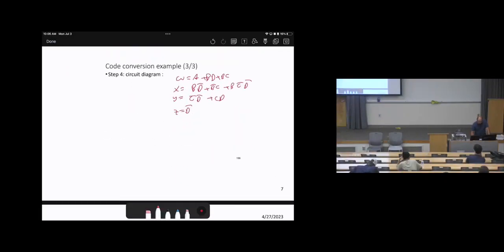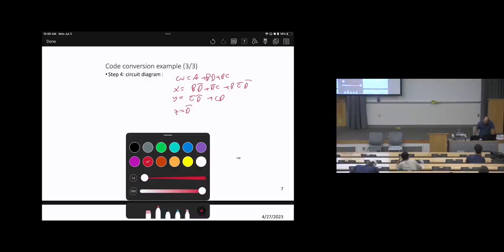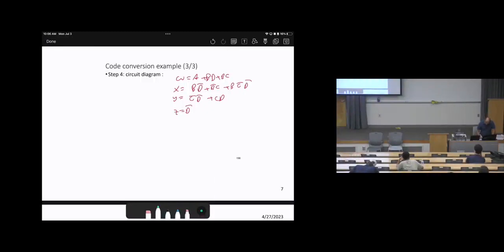Okay. Now, how can we implement this into electrical logic circuits? I prefer, when drawing the circuits, to make the inputs, this side here is A, here is A bar. Here is B, here is B bar.